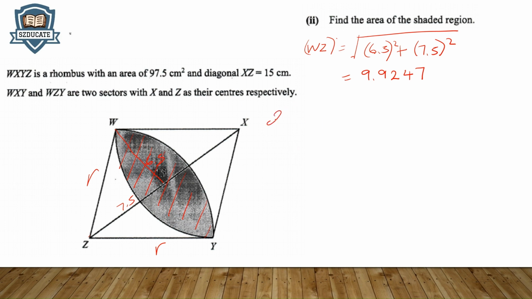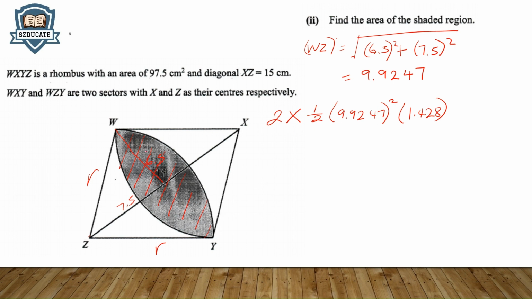So 2 times the area of the sector, which is half r squared theta, with r being 9.9247 and theta being, what's my theta earlier? 1.428. Yep.